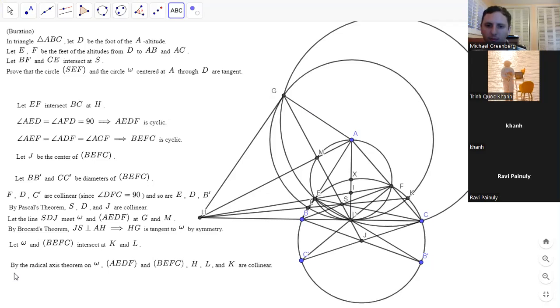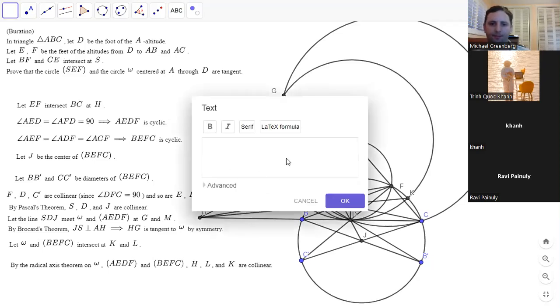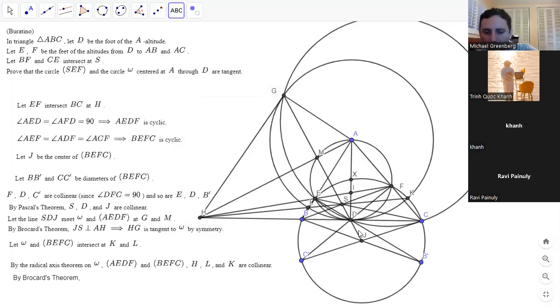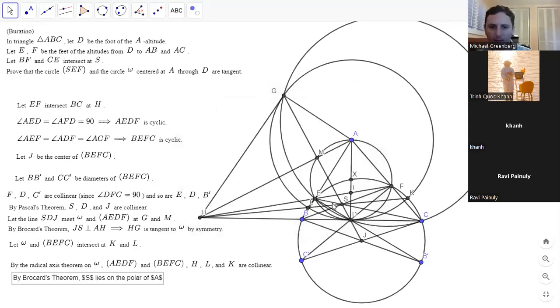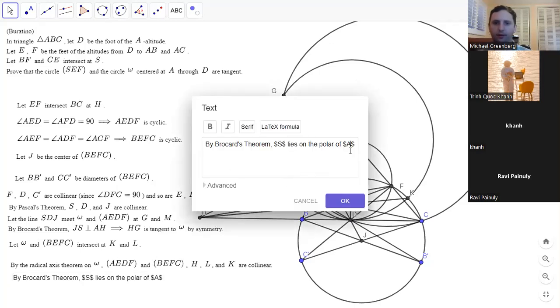So by Brocard's theorem, I'll just say S lies on the polar of A. I'm just going to leave this, but I think it's easy to see.